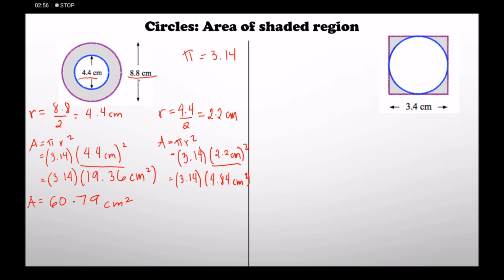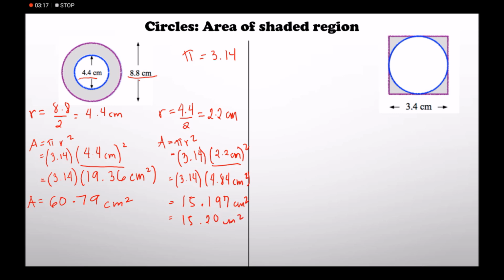And then multiply, that will result to 15.197 cm square. Now since we're using 2 decimal places, this will become 15.20 cm square.